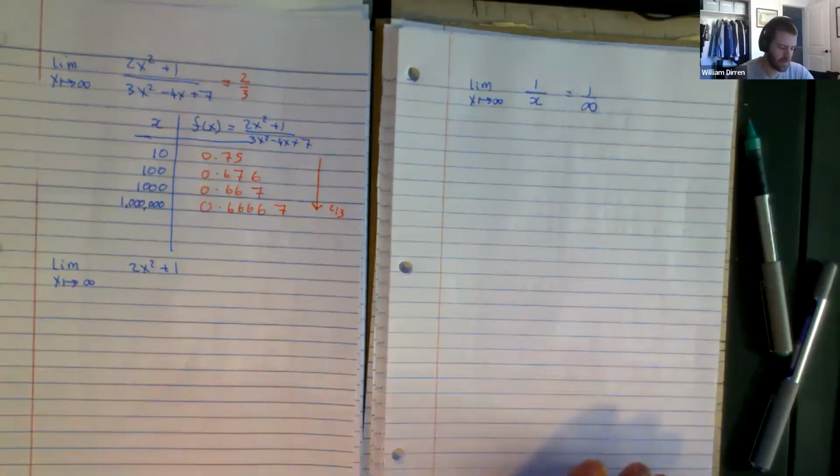What number is 1 divided by infinity eventually going to become as a limit? What number is 1 over infinity? It'd be 0.